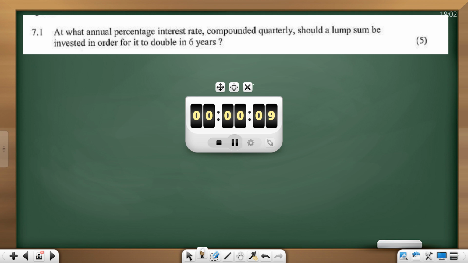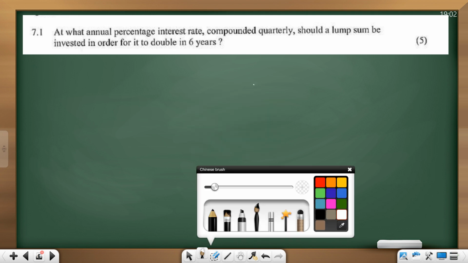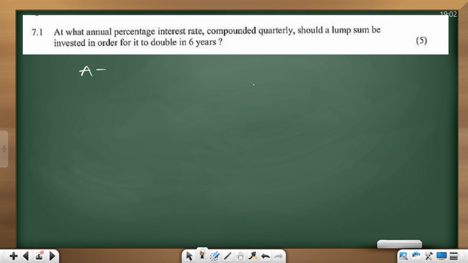Okay, let's see. What formula are we using? A equals to P, 1 plus I to the power of what? N. What annual percentage compounded what? Quarterly. Should a lump sum be invested in order for you to what? To double. In order for you to double, this becomes 2P. P, 1 plus I over 4.